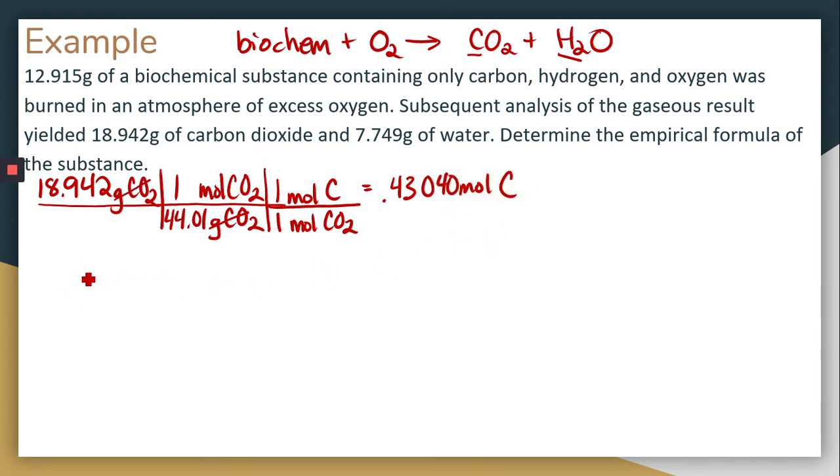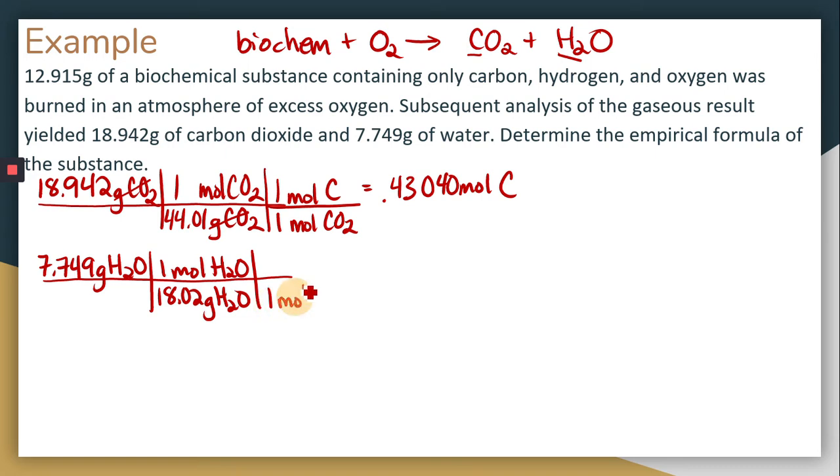All right, we're going to do the same thing for the water. So we have 7.749 grams. And remember, the only thing that is coming from the biochemical alone is the hydrogen. Oxygen doesn't work this way. We'll have to do something different for the oxygen. So we're going to convert our grams of water to moles of water.